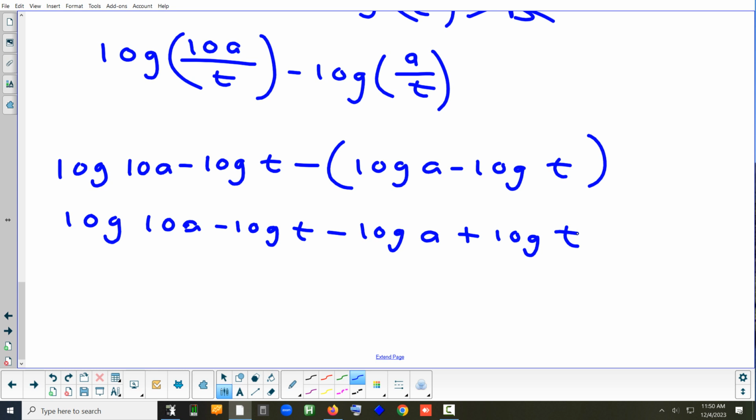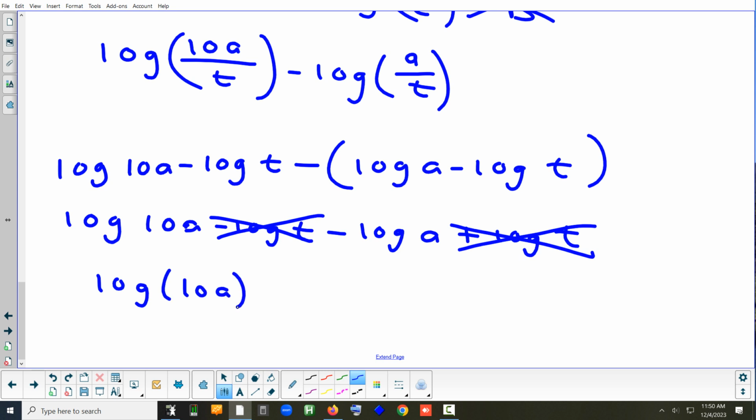T cancels out. Negative log T plus log T. That was the same when the earthquake started and the same when the earthquake was later on. So the T shouldn't have any effect. It should disappear. Now we've got log 10A minus log A.